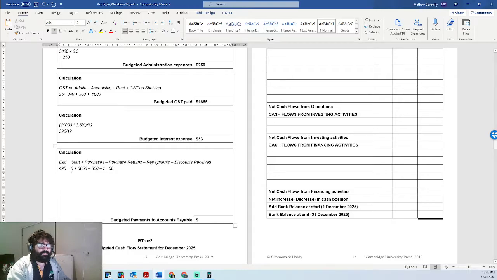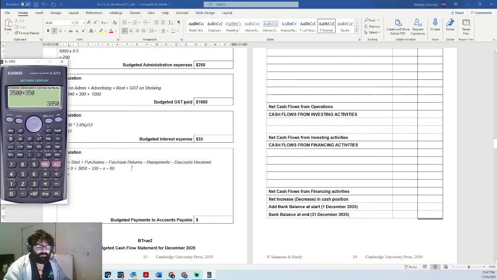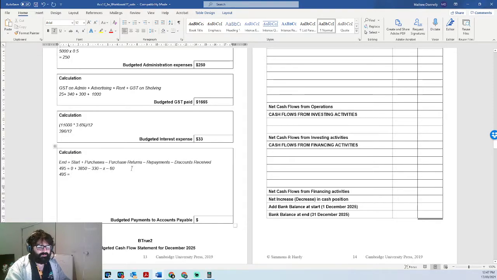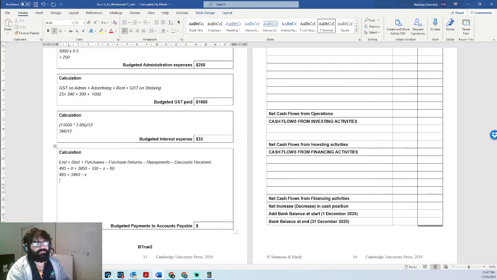So let's just put our numbers in. So 495 equals 3850 minus 330 minus 60 is 3460 minus X. We transpose the formula.